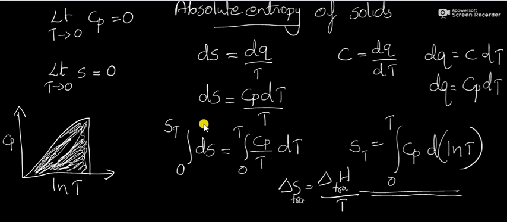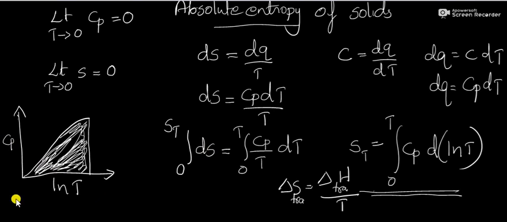At T Kelvin, the entropy is a specific entropy that can be represented by St. So integral 0 to St dS is equal to integral 0 to T Cp divided by T into dT, which is equal to St equal to integral 0 to T Cp into d of ln T. This integral, the absolute entropy of the crystalline solid at T Kelvin, can be evaluated from the area under the curve of a plot of Cp versus ln T in the temperature range 0 Kelvin to T Kelvin.